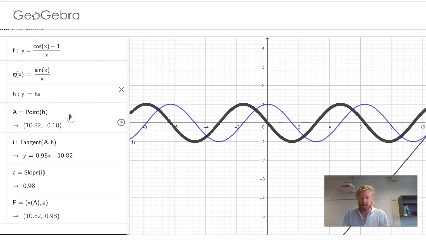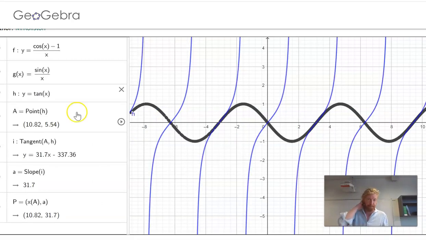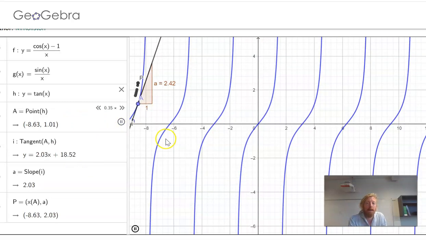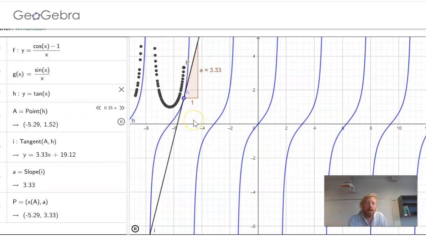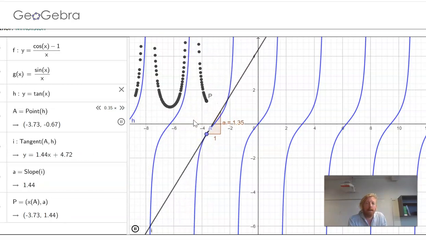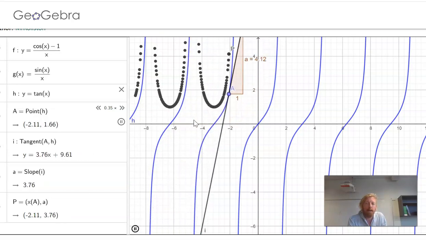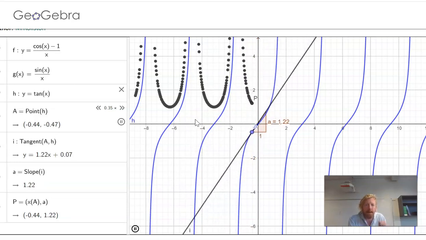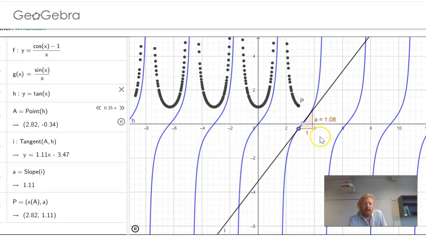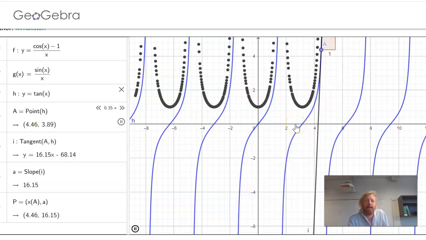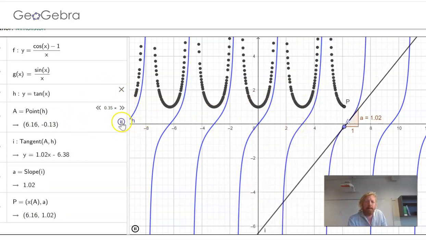Y equals tan x. Alright, so there's our graph for sec squared x. Just try and think about why that is the graph for sec squared x. Okay. There we go, we've got it.